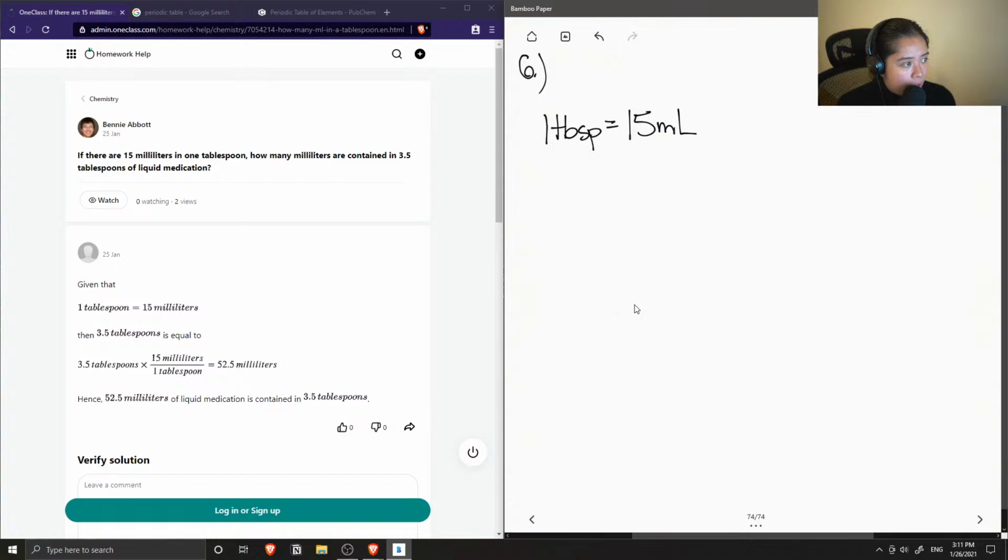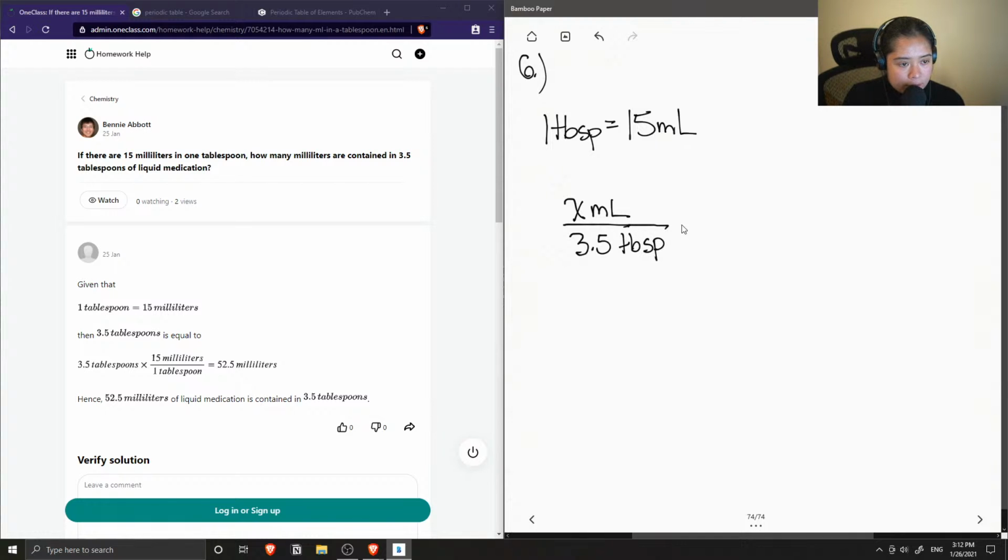And we want to know how many milliliters are contained in 3.5 tablespoons of liquid medication. So first, let's write down our unknown, which is x mL. And we want to know how many mL are in 3.5 tablespoons.